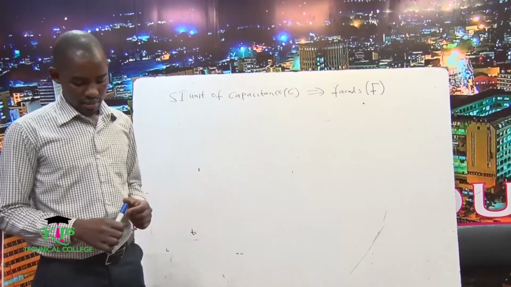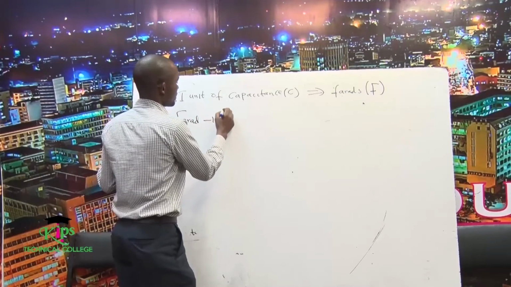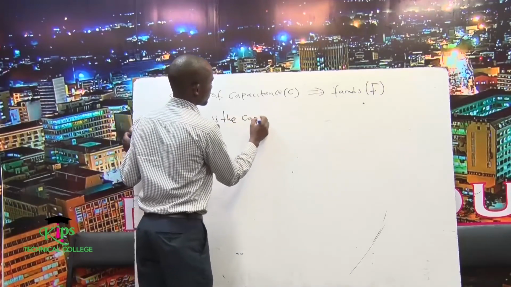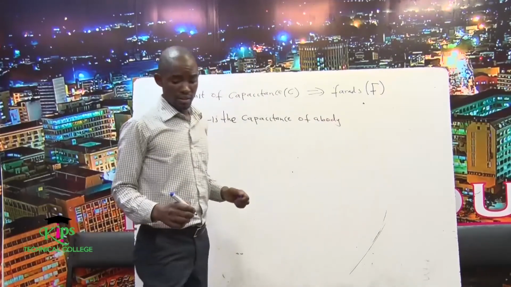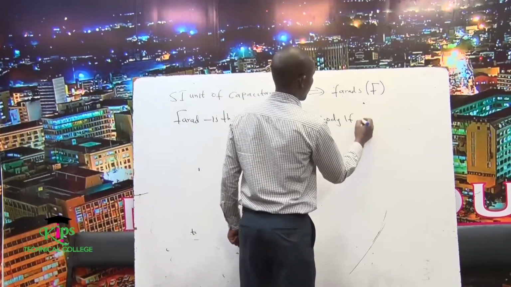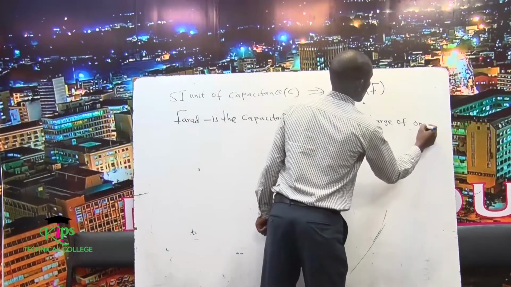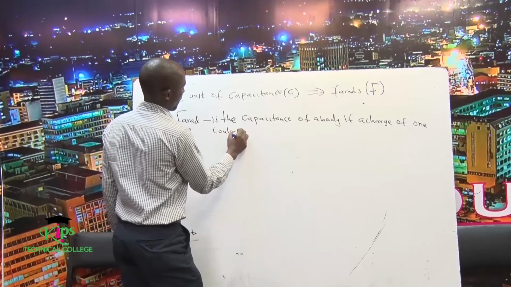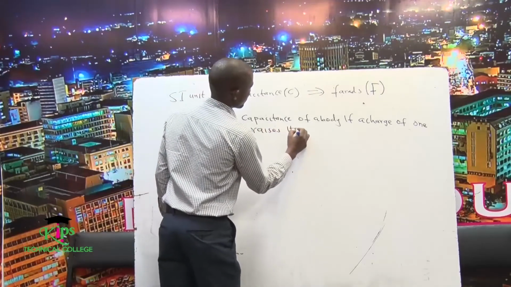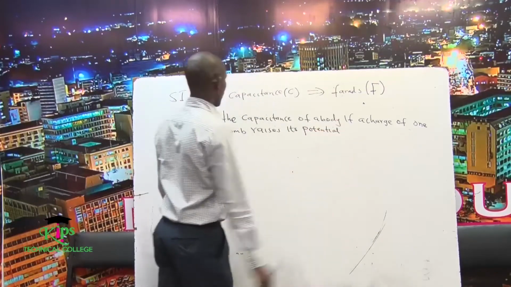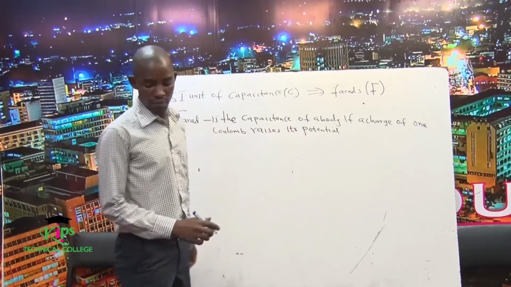You can say if you are defining farad, a farad is the capacitance of a body if a charge of 1 coulomb raises its potential by 1 volt.